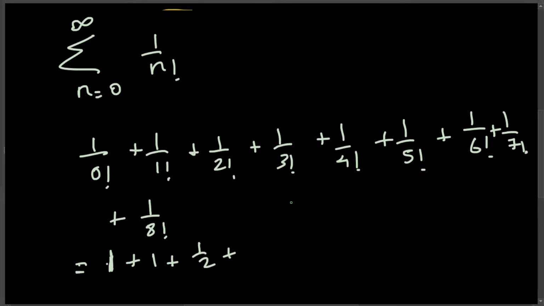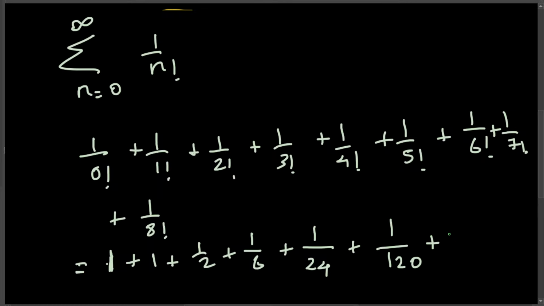Then 1 over 3 factorial: 3 times 2 times 1 is 6. 1 over 4 factorial: 4 times 3 is 12, 12 times 2 is 24, 24 times 1 is 24, so 1 over 24. 1 over 5 factorial: 5 times 4 is 20, 20 times 3 is 60, 60 times 2 is 120, 120 times 1 is 120. So 1 over 120 here.